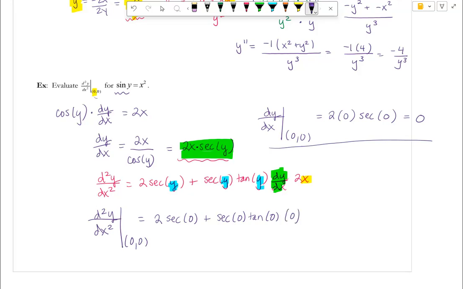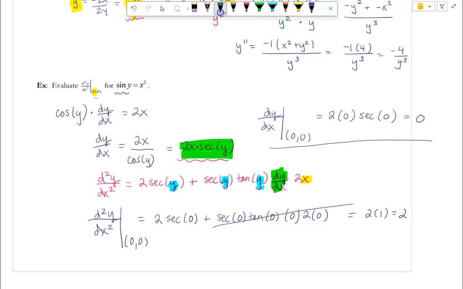So times 0 times 2 times 0, this entire term is just 0. So our second derivative is 2 times the secant of 0, which is 2 times 1, which is just the number 2. If we read the prompt carefully, and we're asked to evaluate our second derivative at a particular point, we can save ourselves some time by just plugging in the values we know. We didn't really need to clean up our second derivative.